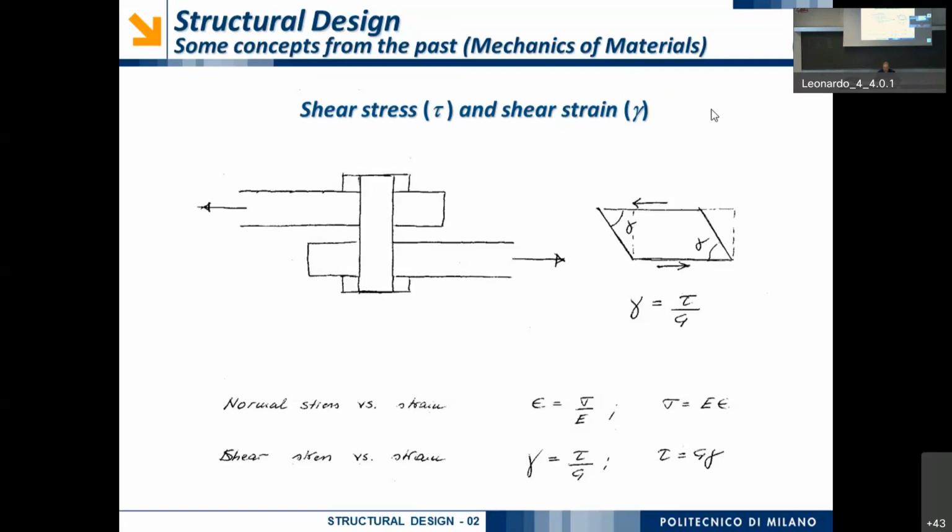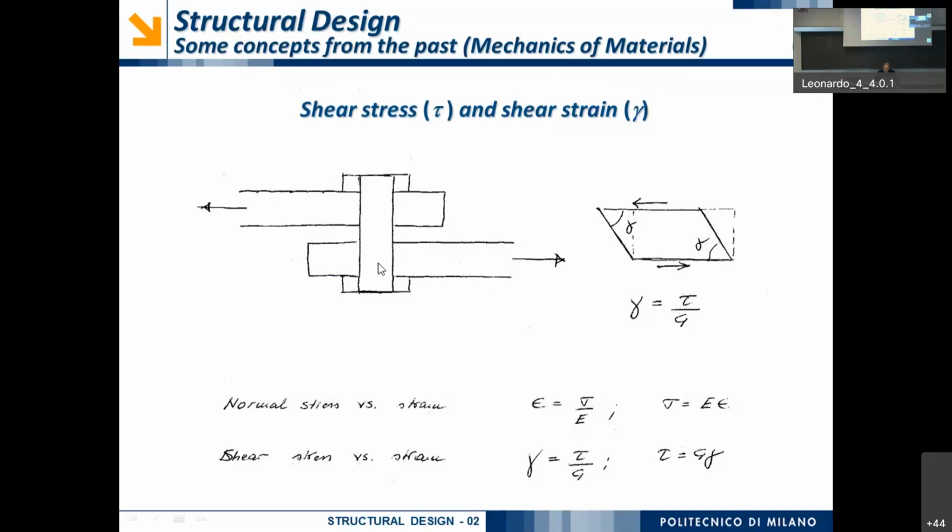For example, if I refer to two pieces of steel, which are connected by using just one bolt, okay? The upper part undergoes a force which is directed from right to left. The bottom plate is subjected to an opposite force which is directed from left to right, okay?